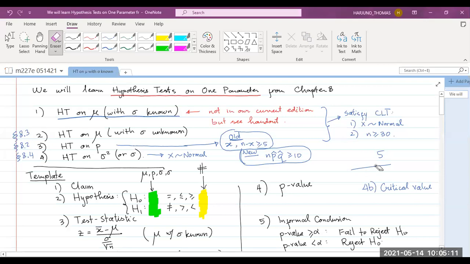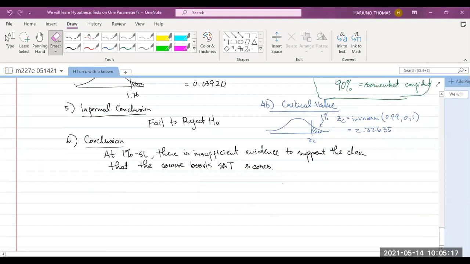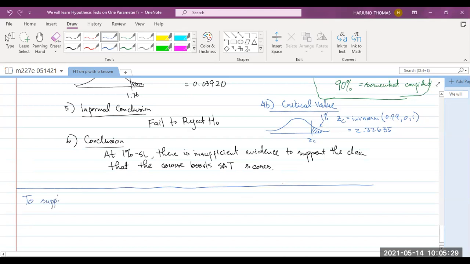Okay, let's start again. To supplement or to confirm our result, we can use our TI-84, actually also TI-83.